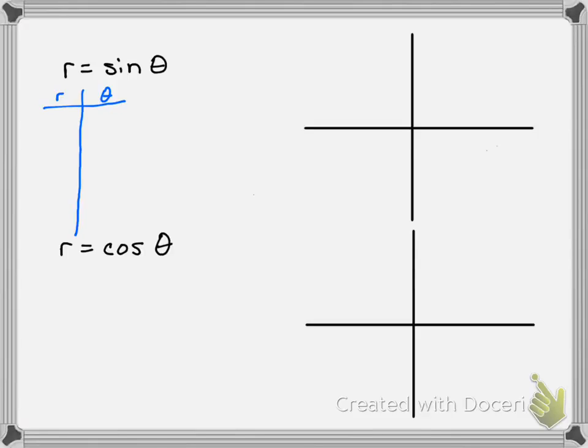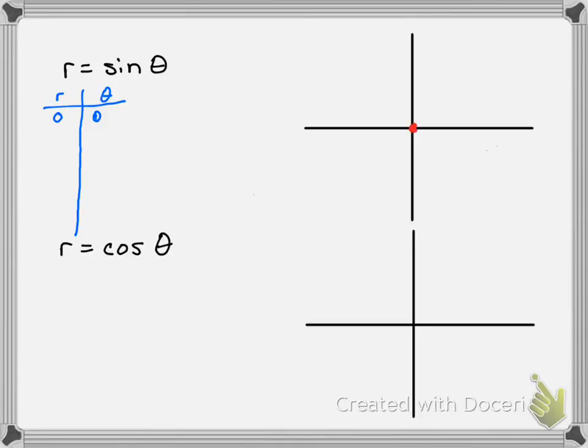You always want to start out with theta being 0, or an angle of 0. If you plug 0 in for theta, that gives you r is equal to the sine of 0, which is 0. And so we can start by putting a point right here on our graph.